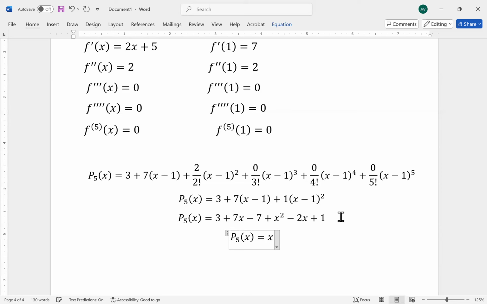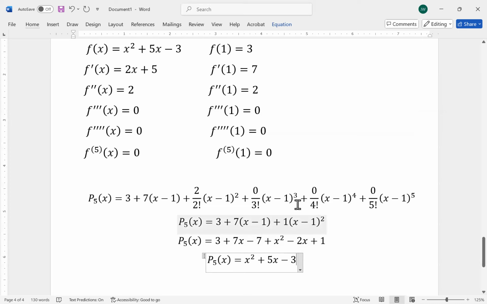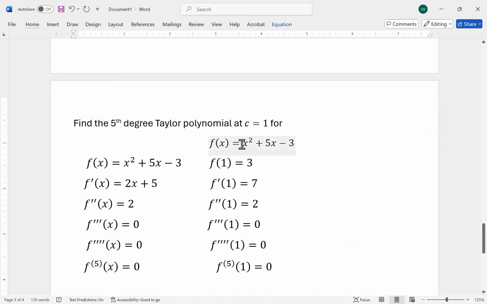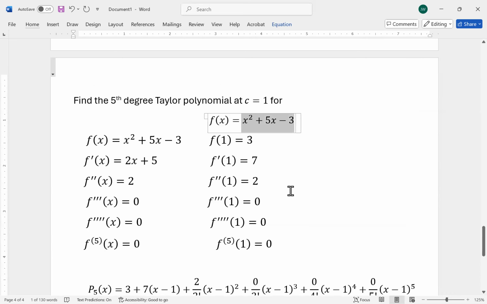I got x squared by itself. 7x minus 2x gave me a 5x. And 3 minus 7 is minus 4, plus 1 is minus 3. Notice that that was the exact same polynomial we started with, which isn't surprising.